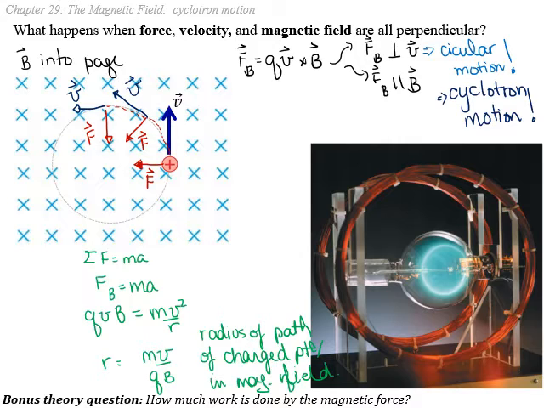The picture I've got here comes from your textbook. What's going on here is that there's an electron beam being shot in a little chamber of gas. So this is a chamber of gas. The bright blue ring that you see, so this ring right here, this is our electrons moving in a magnetic field.